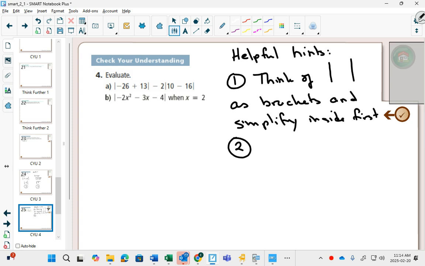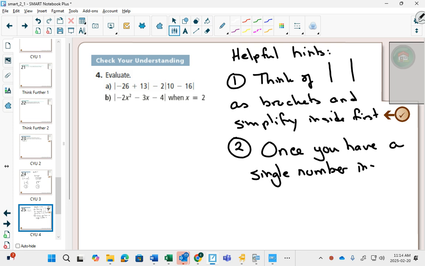Hint 2: once you have a single number inside your absolute values, if it's not positive already, change that number to positive.